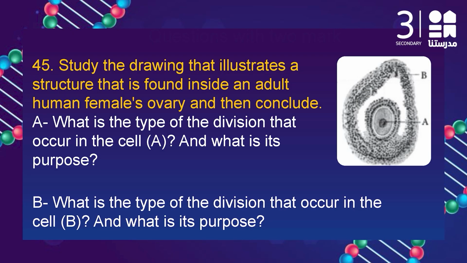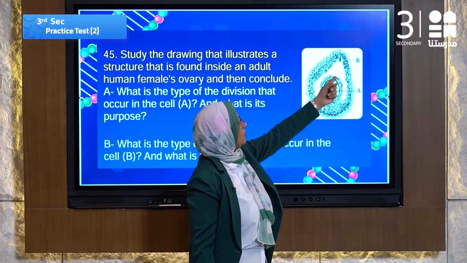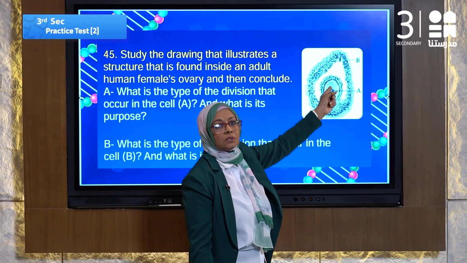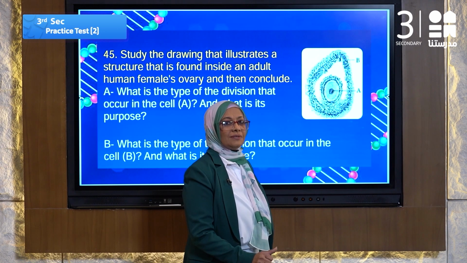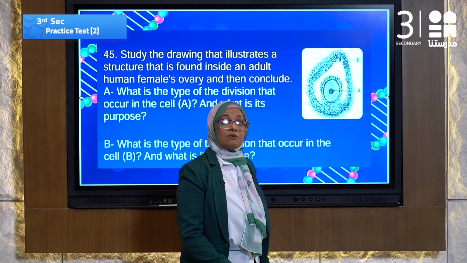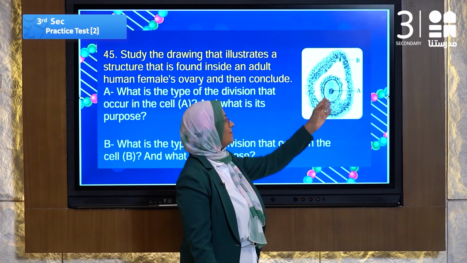Number 45. There is a figure that speaks about A and B. Where are A and B found? A and B are found inside the human. Male or female? Female.